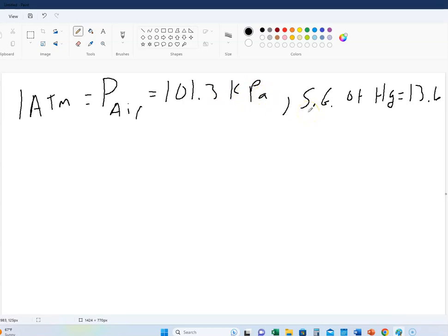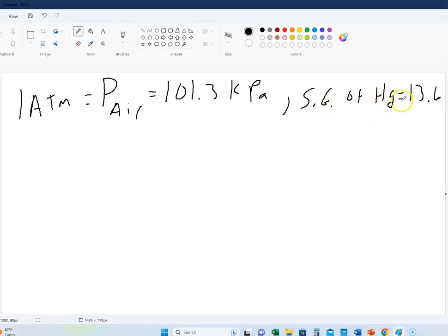So let's prove that. I'm going to prove that right now to you. This experiment was done long, long ago by a guy named Torricelli. He was an Italian. I think he lived about 350 years ago, something like that. Anyhow, he took some mercury, which is not a good idea, by the way.